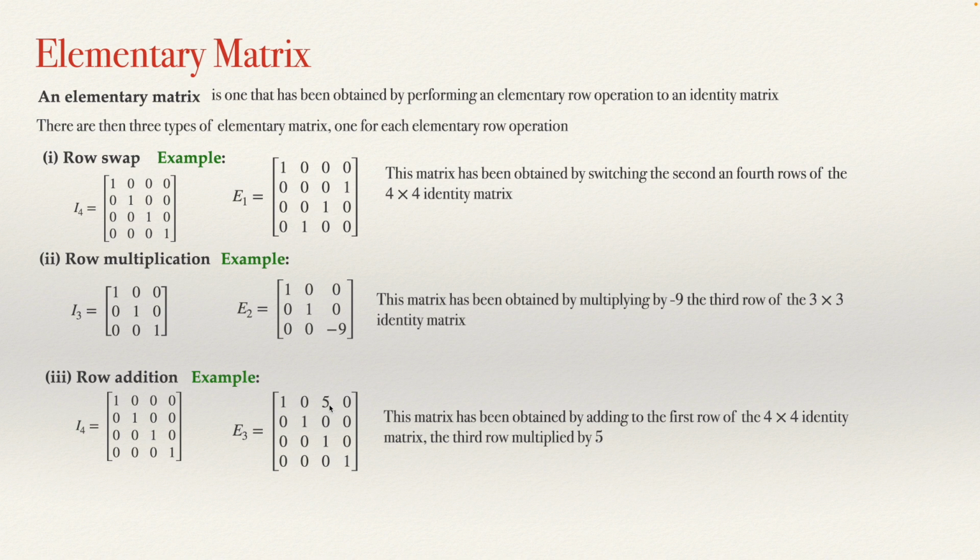This is for sure an elementary matrix. Or a matrix in which one of the 1s is not 1 but a number different than 1 and different than 0. And another matrix in which we have switched two of the 1s. For example, this 1 should be here in the 4th element of this row and this 1 should be here. So we recognize immediately that this is an elementary matrix.